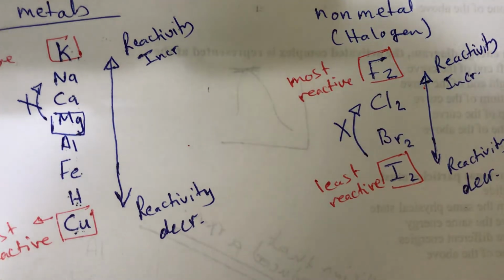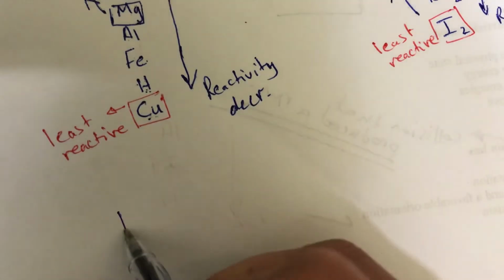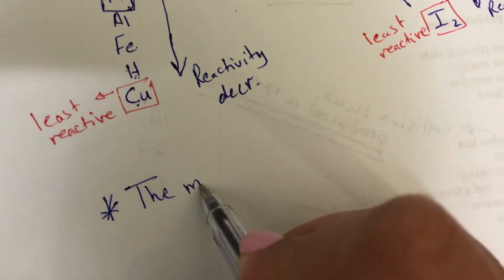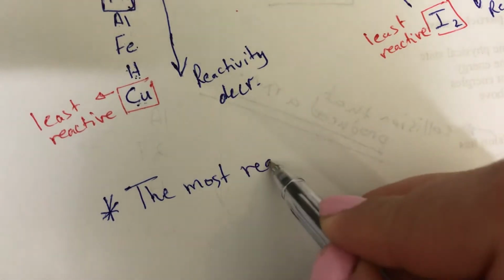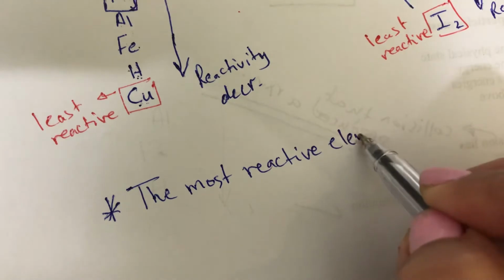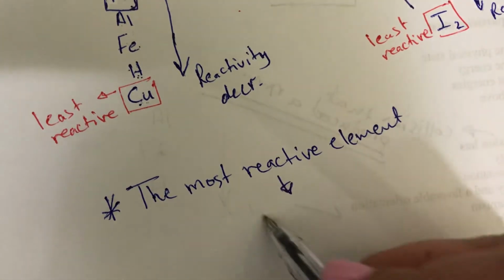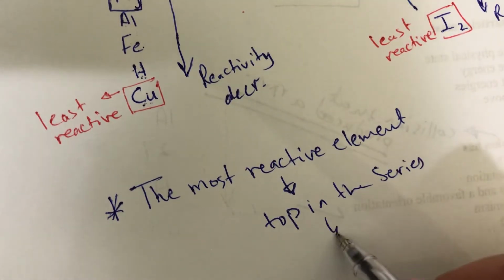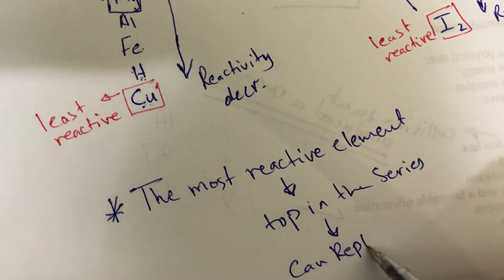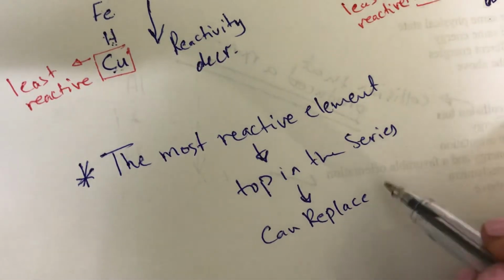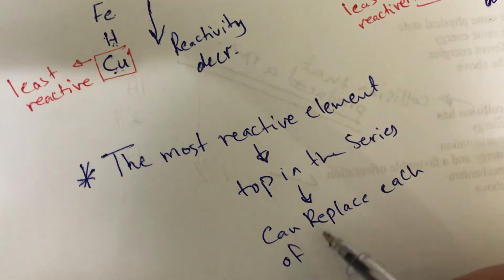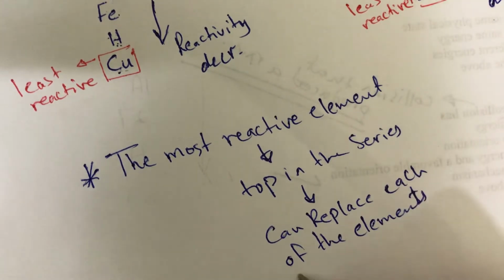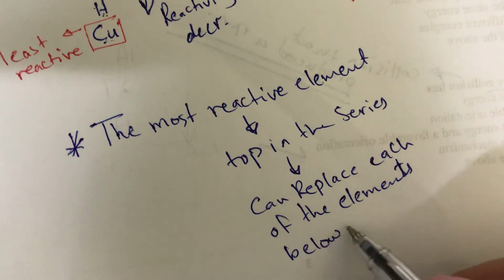So the rule is the most reactive element is placed at the top in the series, and it can replace each of the elements below it.